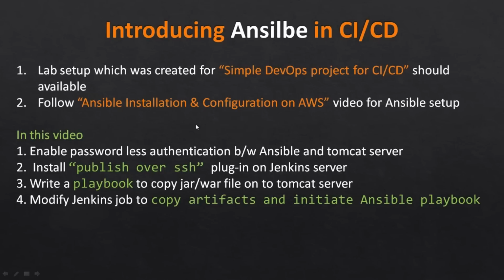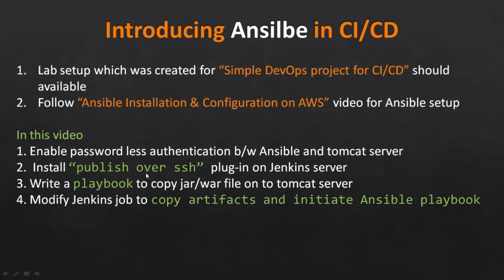What we are going to do in this video is enable passwordless authentication between Ansible and the Tomcat server. This is one step we are going to do. I will create a user called ansadmin on the Ansible server as well as the Tomcat server, because we are going to deploy on the Tomcat server through Ansible. So passwordless authentication must be available.